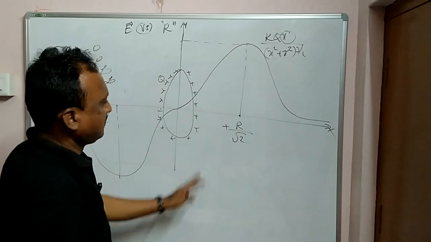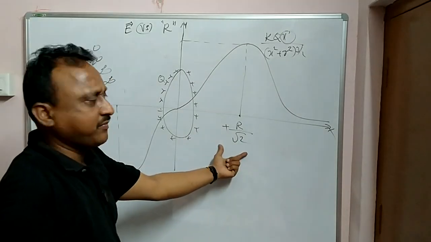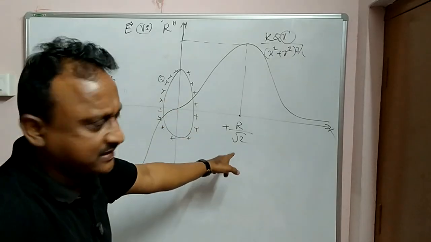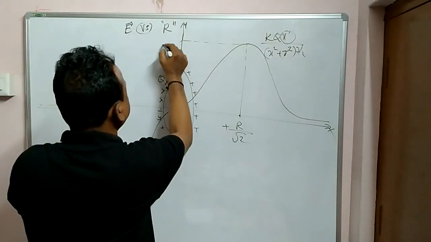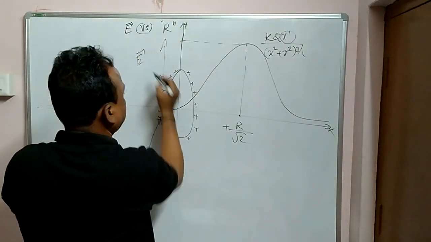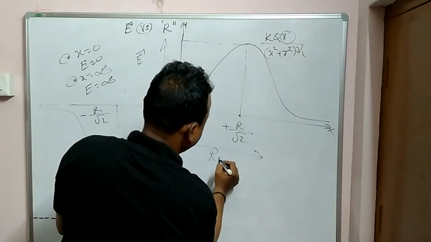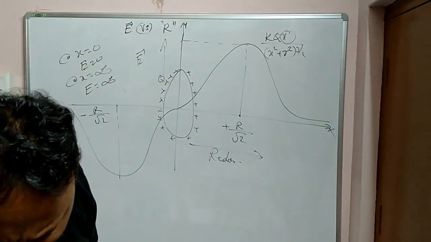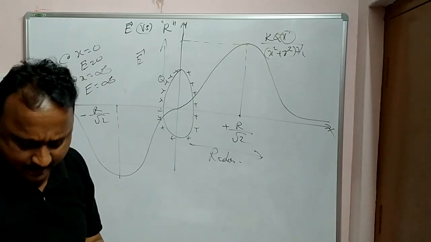You can see positive r by root 2 on one side, negative r by root 2 on the other. Intensity versus radius: on the x-axis radius and on the y-axis intensity. Clear?